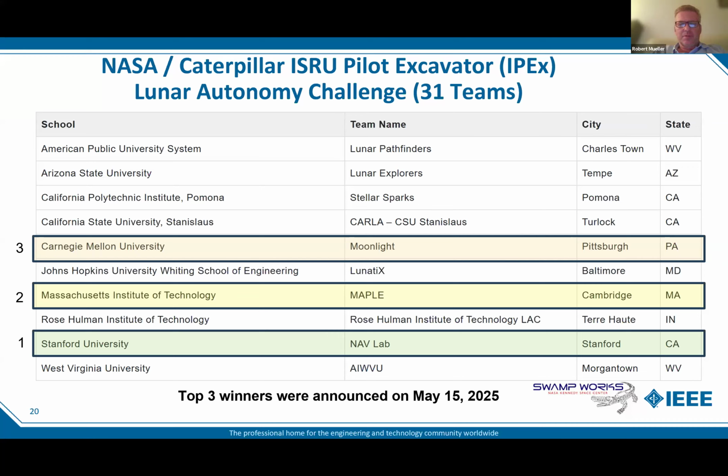That ended on May 15th, but it's another example of how a competition can really incentivize students to do excellent work. And this is the kind of work that Caterpillar wants for their industrial mining and excavation and construction machines. They wouldn't be sponsoring it if they didn't think it was relevant. So a lot of future jobs are going to come out of these skills.